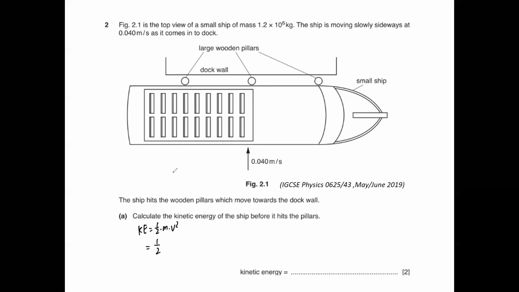So we see the mass here, this one is figure 2.1, and a small ship of mass 1.2 times 10 to the power 6, and then times the speed, moving slowly sideways at 0.04 meter per second. So this one is the velocity. Okay, so we insert it. So this one is 0.04 squared. So the answer is 960 joule.